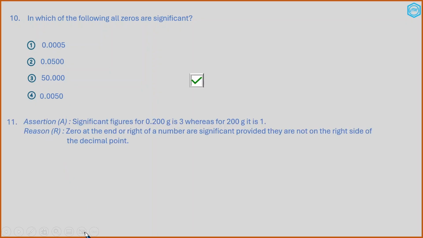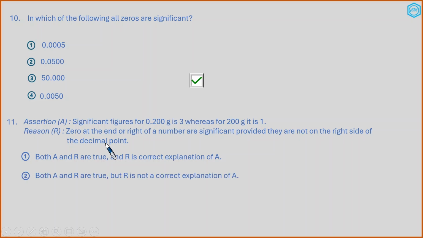The next question is an assertion reason question. Assertion A: Significant figures for 0.200 gram is 3, whereas for 200 gram it is 1. Reason: 0 at the end or right of a number are significant provided they are not on the right side of the decimal point. Option 1, option 2, option 3 and option 4.